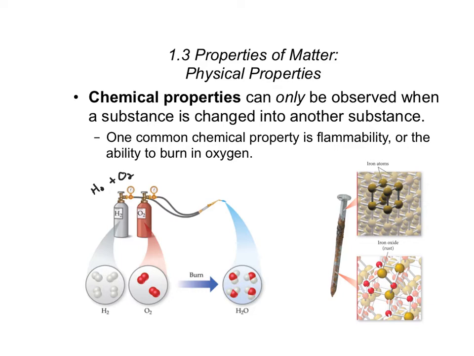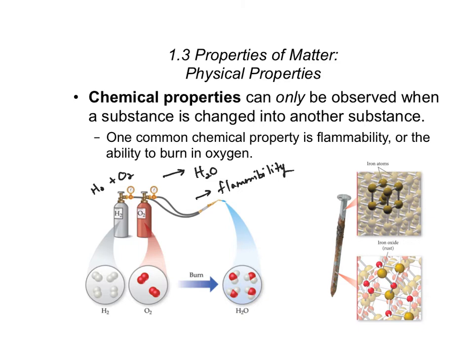If you combine it with oxygen, it's going to explode, okay? But in the process, by doing that big combustion, it forms a new substance. It forms water, okay? So again, they combusted, we got this big explosion, and we made something new in the process. So a chemical property would be called something like flammability.